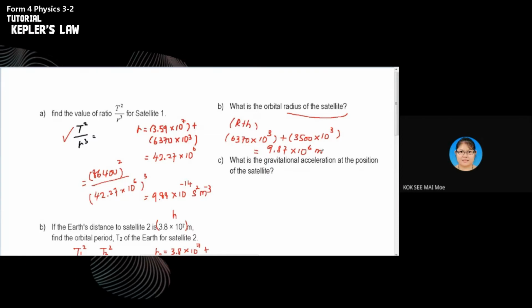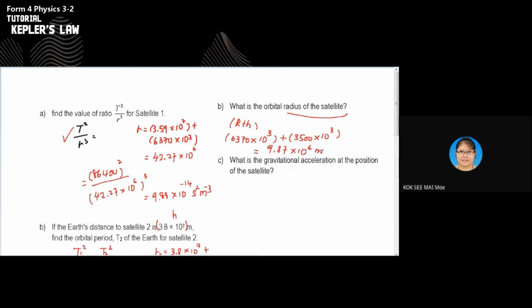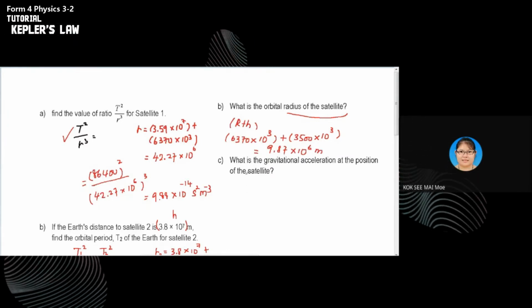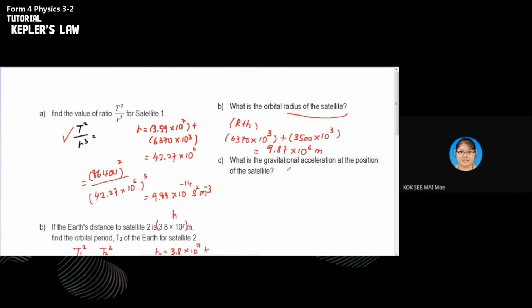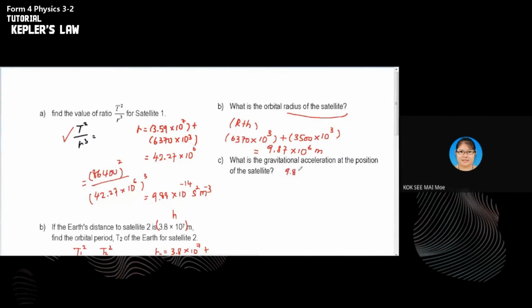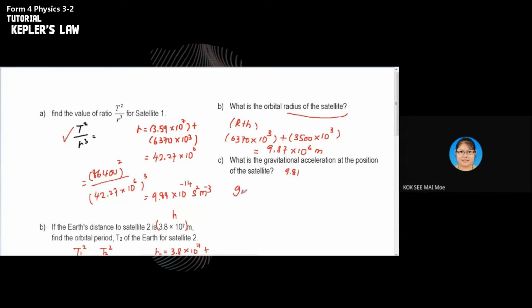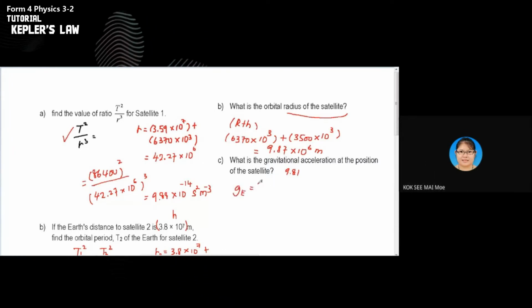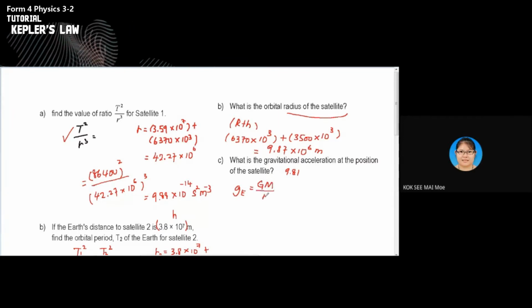Okay, now C. What is the gravitational acceleration at the position of the satellite? Now you need to refer to the question. The question just provides 9.81. Remember 9.81, what formula are we using? Earth surface formula, G capital M over R squared.